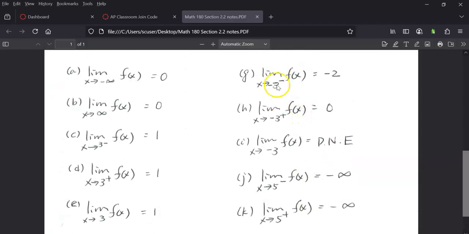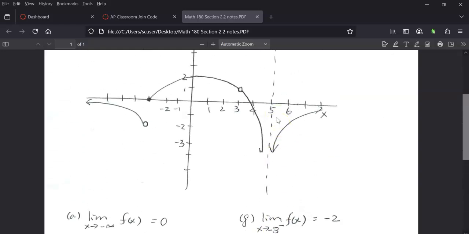Same question, but this time it's negative 3 from below and above. Unlike the other one, if you look at negative 3, from below it goes towards negative 2. From above it goes towards 0. And since they don't match, we say the limit at that point doesn't exist.